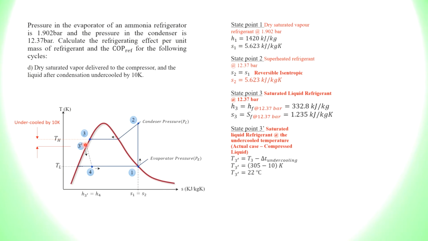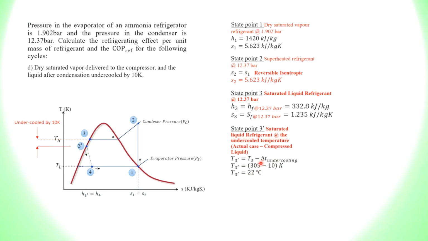Then state point 3 prime is the most important thing here. That is state point 3 prime, saturated liquid refrigerant, because we assume that state point 3 prime is sitting on the saturated liquid line after undercooling. So we take the temperature T3, 305 minus 10, then minus 273, you get 22.